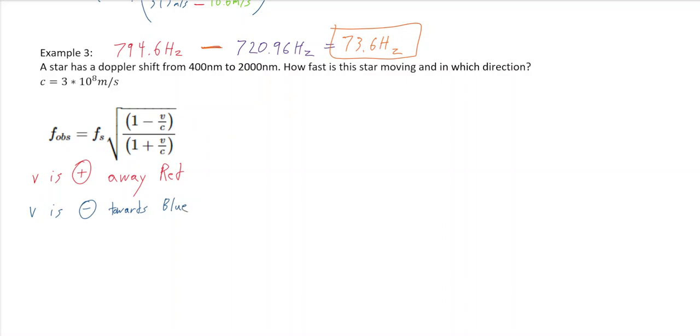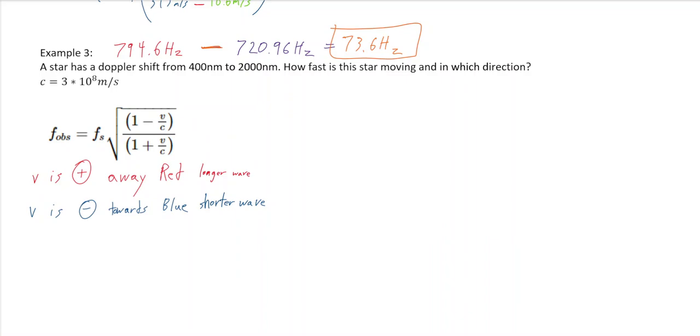You're getting more blue. Okay, so red shifting means longer wavelength, which means also smaller frequency, and this means shorter wavelength, which means higher frequency, right? So that is the situation for blue and red.